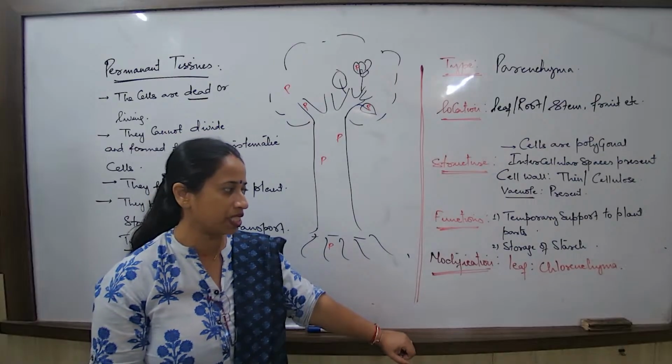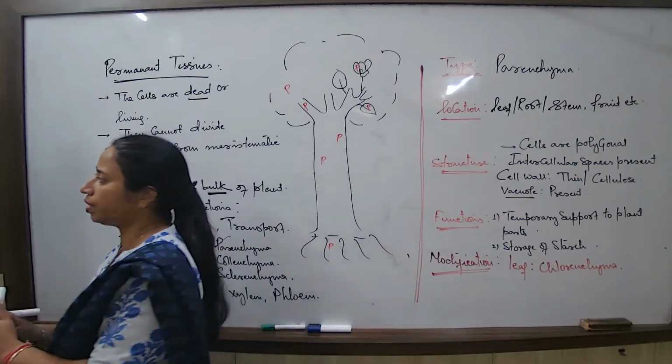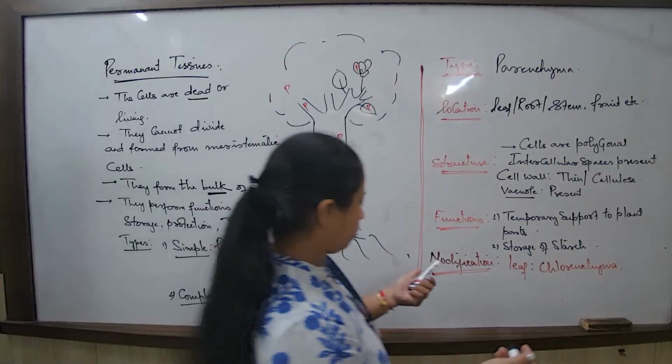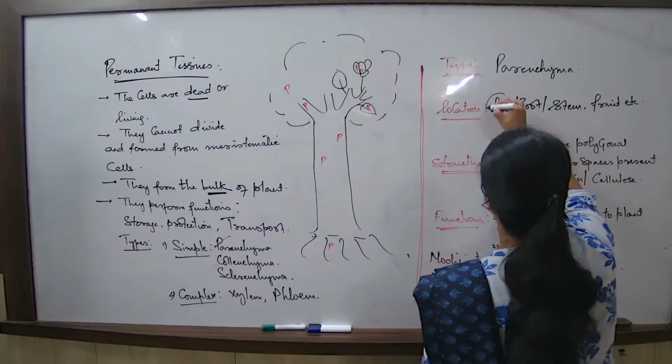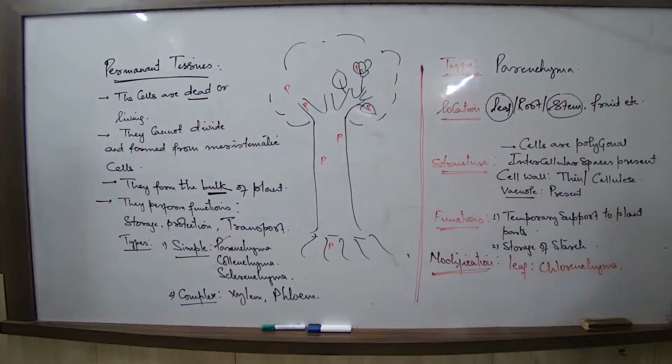Parenchyma is the regular type of permanent tissue, but what is the difference between the parenchyma of the leaf and the parenchyma of the root and the stem?